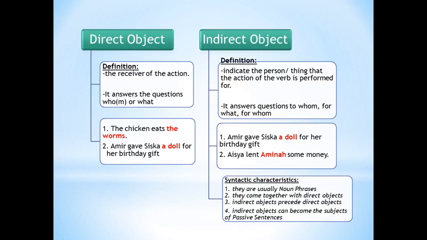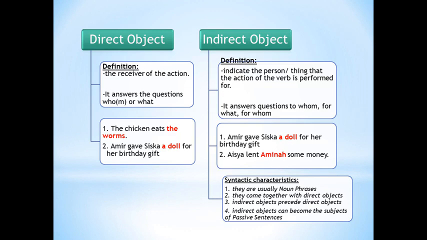Okay, now we come to direct and indirect object. What is direct object? Direct object adalah penerima dari tindakan. Ia menjawab pertanyaan siapa dan apa. So in the sentence, the chicken eats the worms.